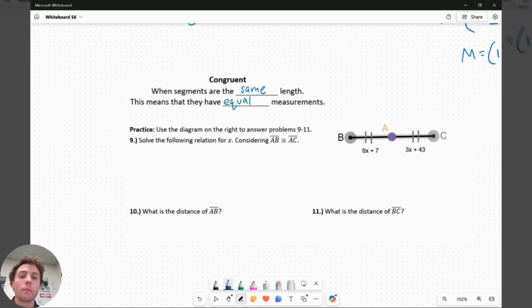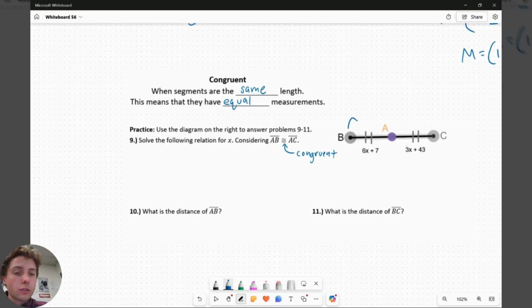If you're told 2 segments are congruent, they have the same length. They have equal measurement there as well. How you can tell if something's congruent is this little symbol here. This is a congruence symbol. Again, notice it looks like an equal sign, so we can apply that idea.